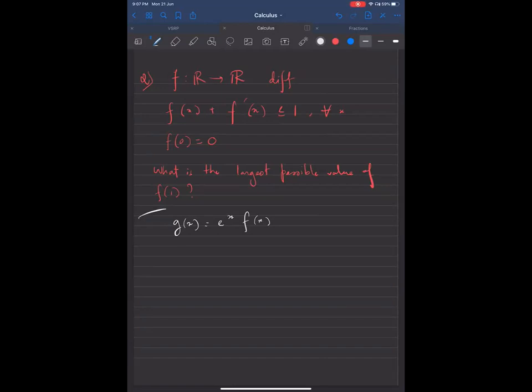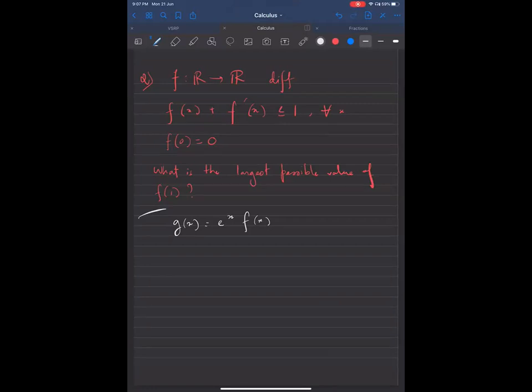So if we are working with this function g(x), we will eventually get that f(1) will be less than or equal to (e minus 1) by e. So if we are able to find some function for which this equality holds, we are done. How do you know that that is the maximum possible value?